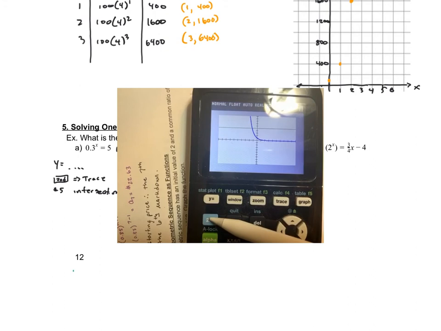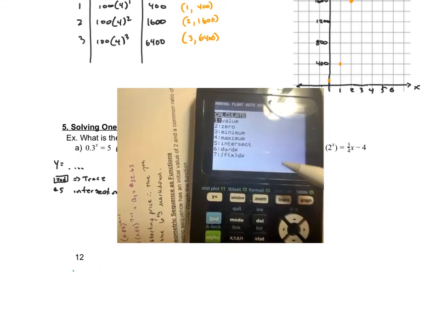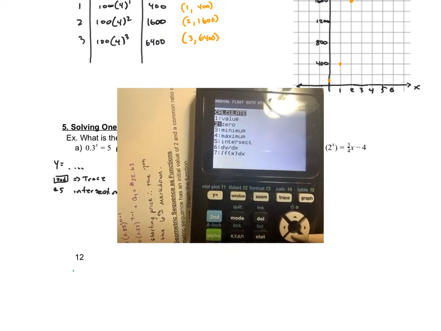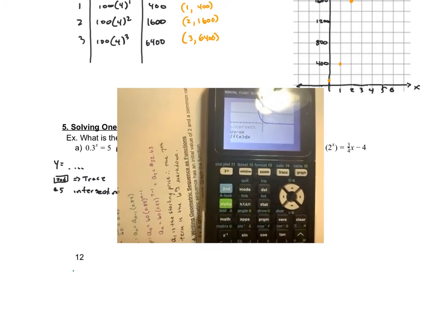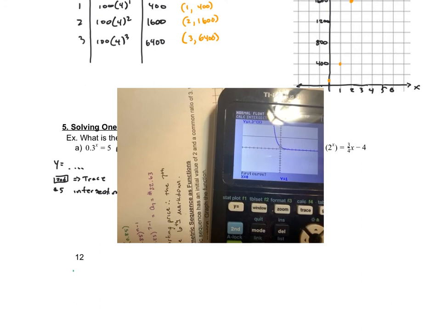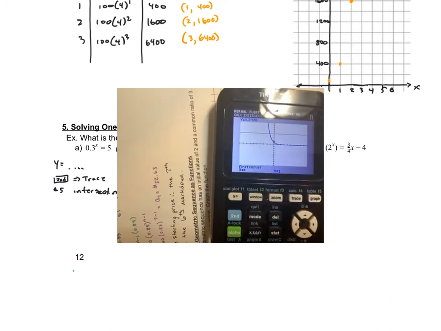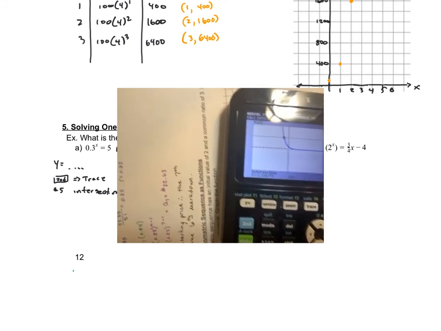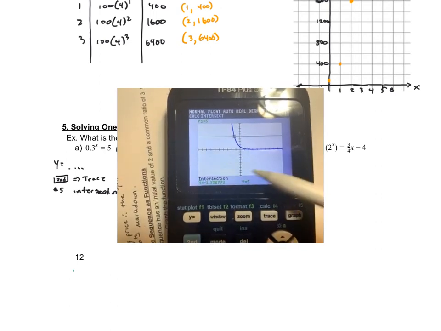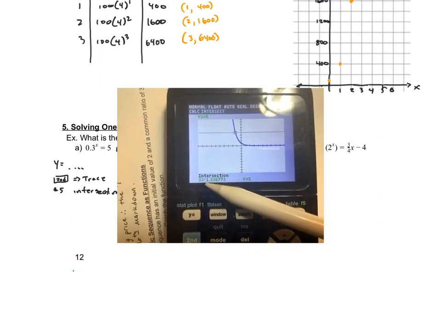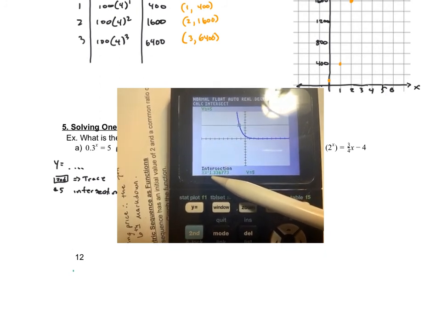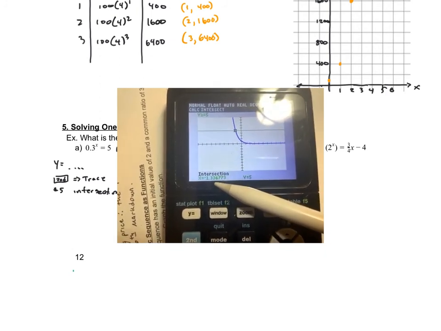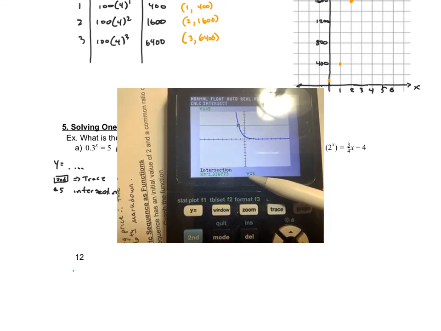So what I can do is hit second trace and come down here and hit intersect, and that's going to allow me to see where the value is, and you can just hit enter 3 times. 1, 2, 3, and there you go. My intersection point is when x is negative 1.336, or we could say negative 1.34. That's going to be the point where they intersect, and then y is going to be 5.